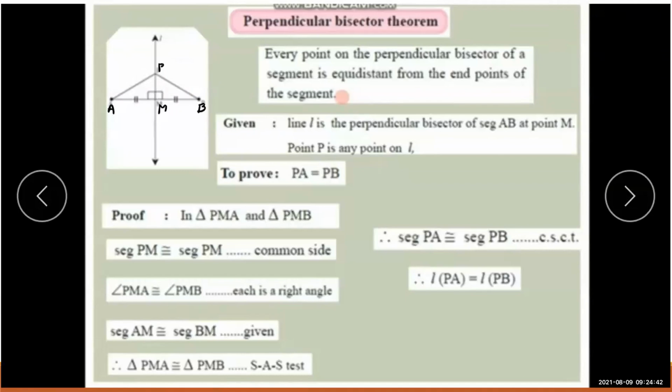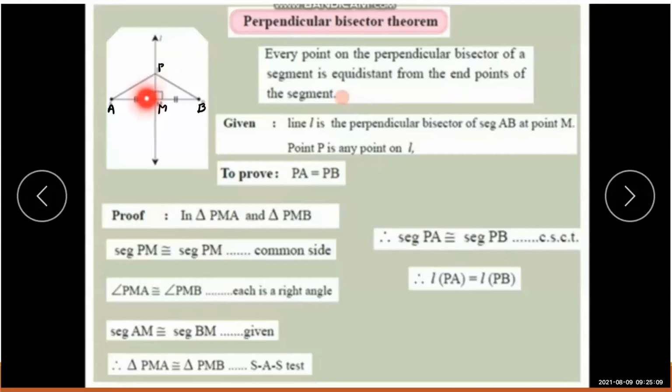See the proof: in triangle PMA and triangle PMB, segment PM is congruent to segment PM.